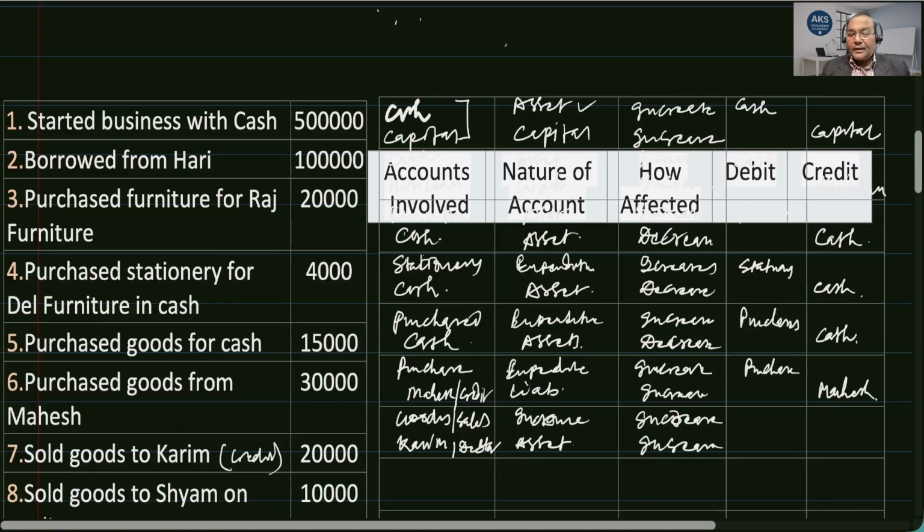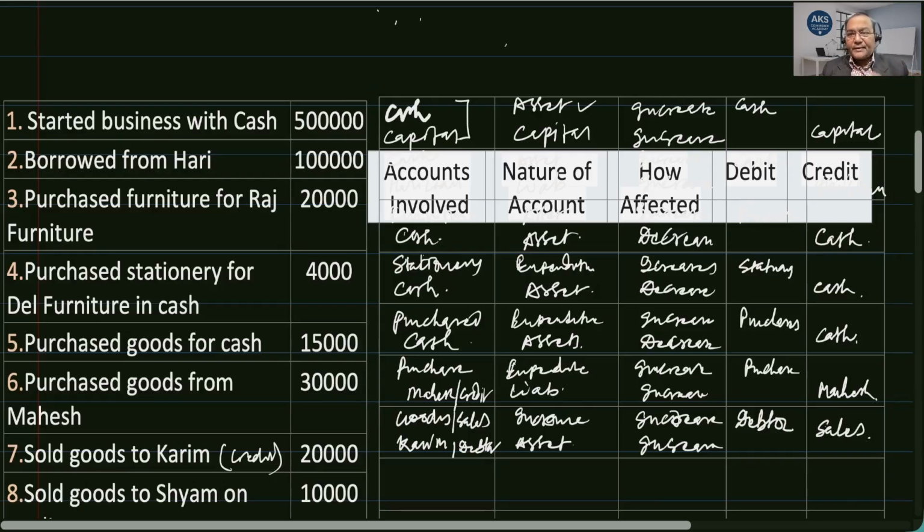Now, in order to increase the debtor and income, which is sales, sales being an income, what is it that we need to do? We need to credit it. And the debtor being an asset, in order to increase the asset in the form of debtor, we need to debit it. So we have to debit debtor and credit sales, right? So two accounts which we have identified here, sales and debtor.